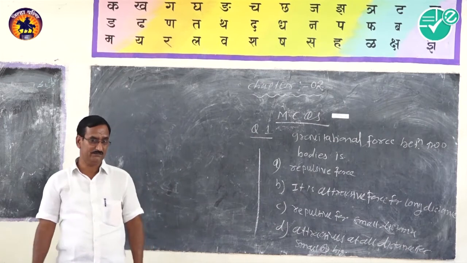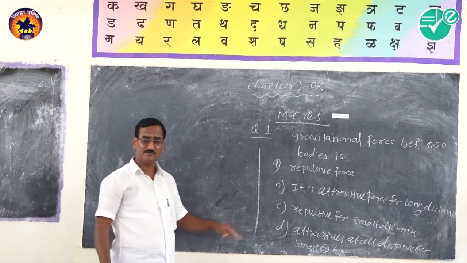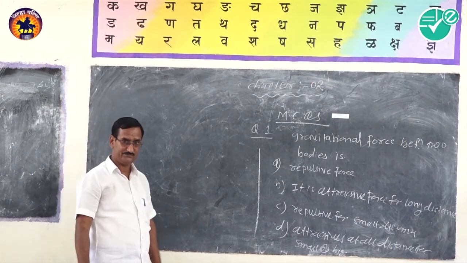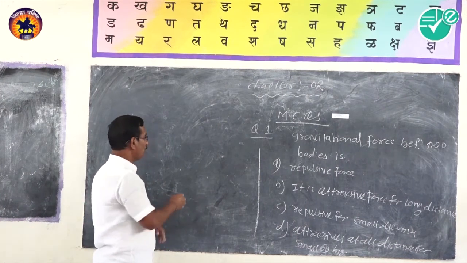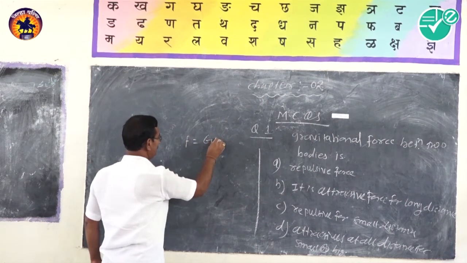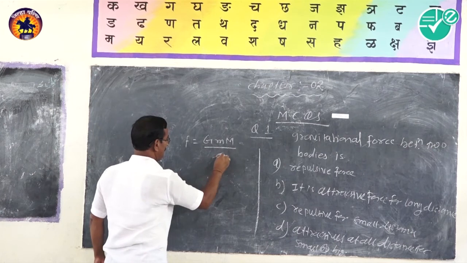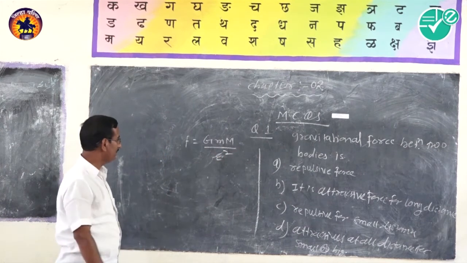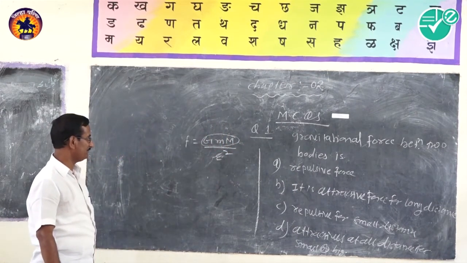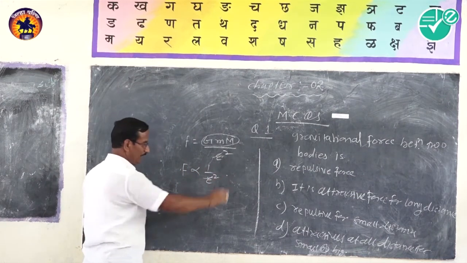Then we have to study Newton's law of gravitation, and find the expression for the force of attraction between any two bodies, that is G M m upon R square, where G, capital M and small m are constant, then F is inversely proportional to R square.